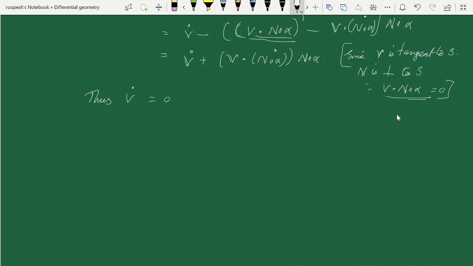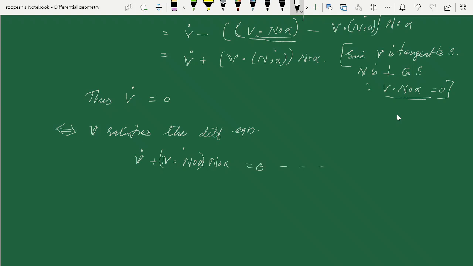Which implies, or is implied by, V satisfies the differential equation V dot plus (V dot n composition alpha dot) n composition alpha is equal to 0.